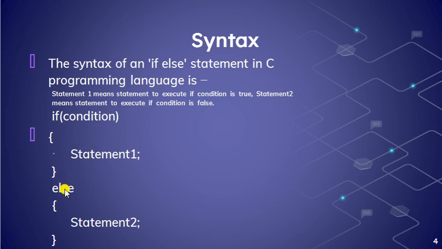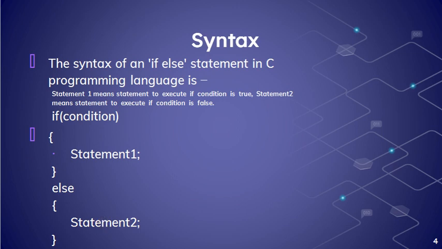It just goes to the else block, and statement 2 will be executed and control goes out of the if statement. That is what happens in the case of the if else statement. First check the condition. If it is true, then the set of statement 1 will be executed, otherwise statement 2 will be executed. That is the syntax of the if else statement.